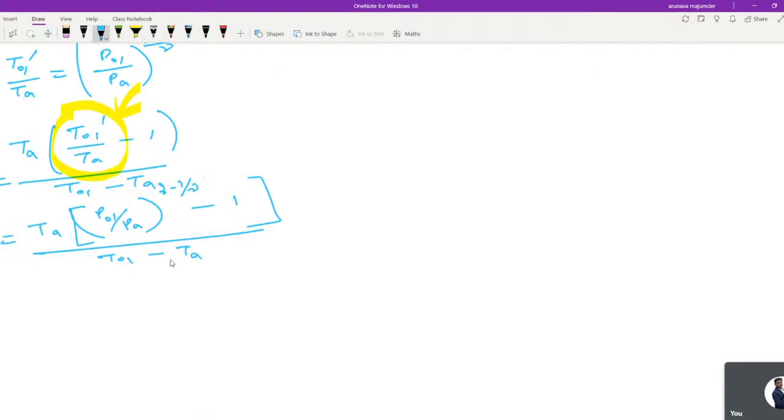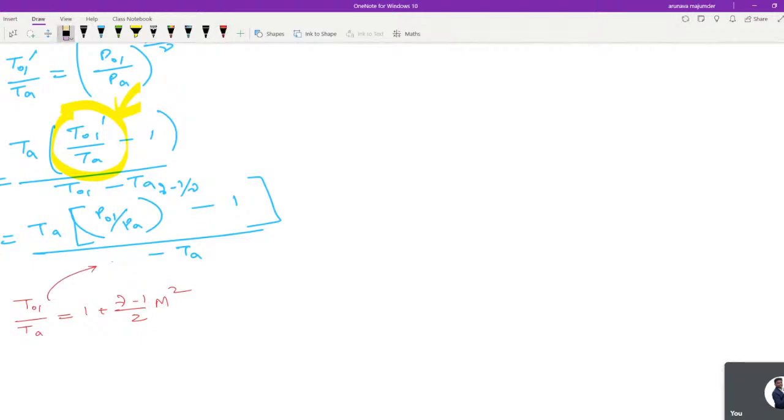We can also write, now recalling, sometimes there is some relation with the Mach number. So you have to also recall T naught 1 by Ta equals 1 plus gamma minus 1 by 2 M square. So you can make use of that over here as well.